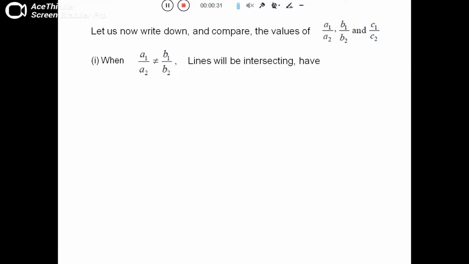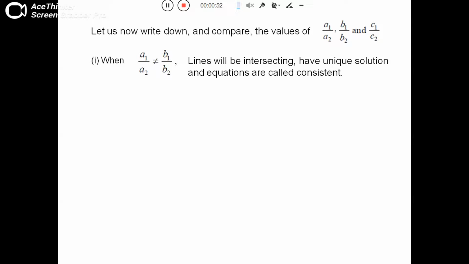Both the lines intersect each other, and they have a unique solution, and the equations are called consistent. Children, be careful with these conditions and learn each condition according to its result.